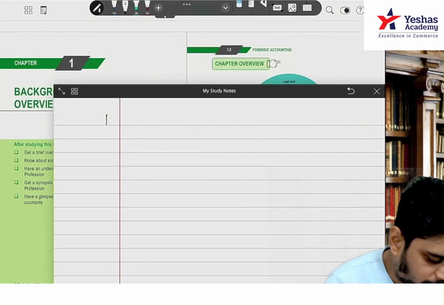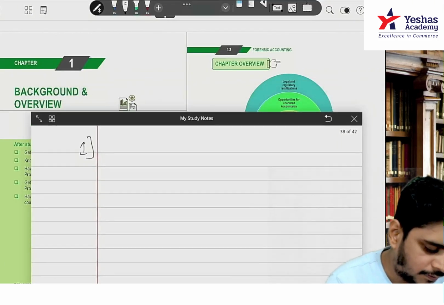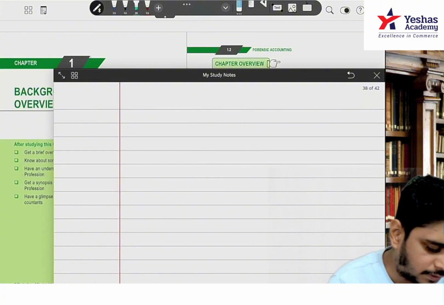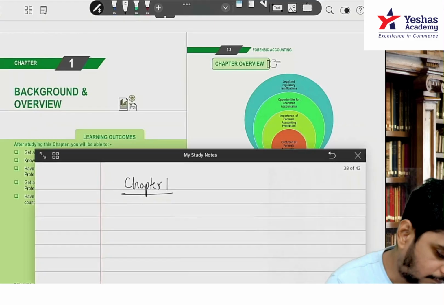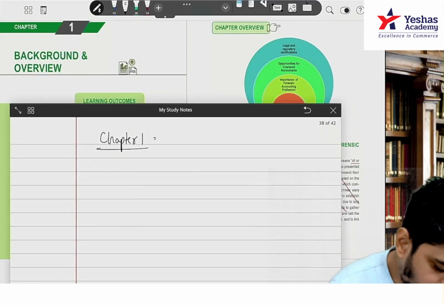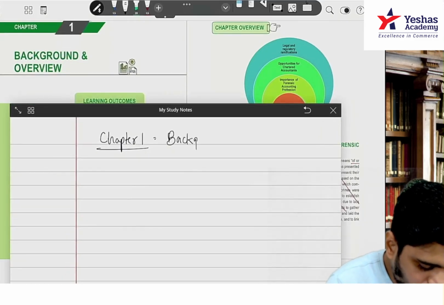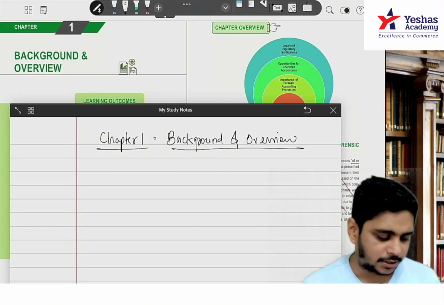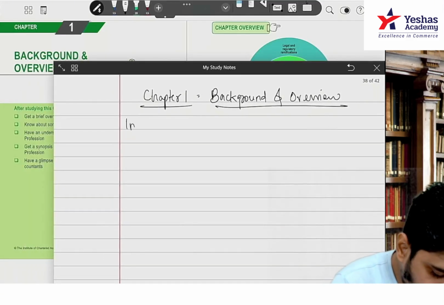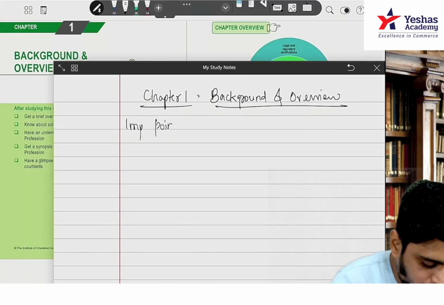So I would say first chapter. You can write the heading as Chapter 1: Background and Overview. Important points.